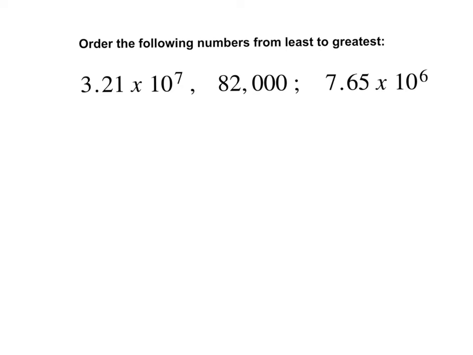Finally, you're going to want to practice putting numbers in order from least to greatest, so you can use the same steps, the same strategy. Since I already have 2 that are in scientific notation, I'm just going to put 82,000 into scientific notation. So this would be 8.2 times 10, and then this would be 1, 2, 3, 4.